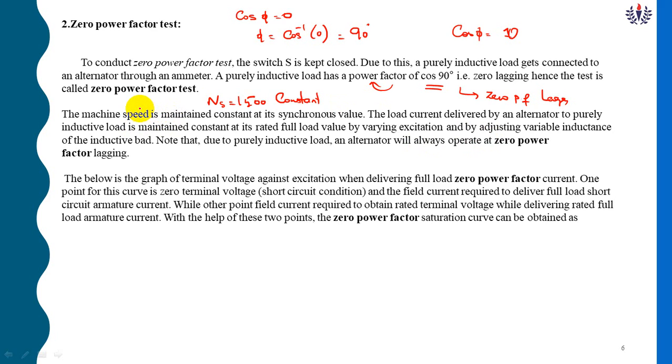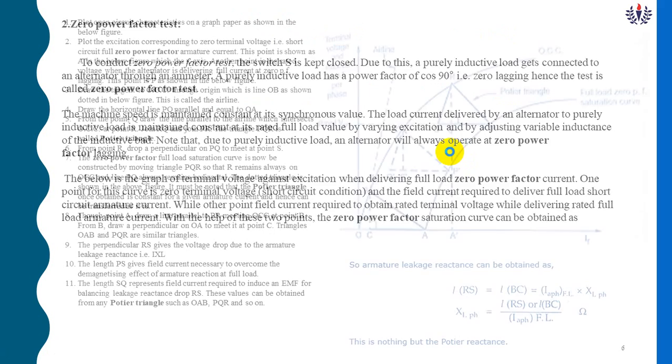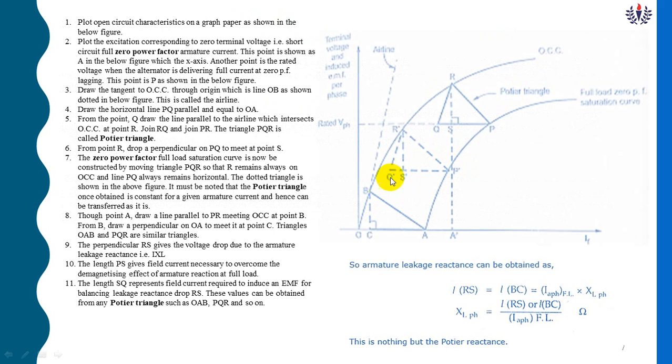By varying both load and field value, we can get a zero power factor. This is the zero power factor line, and here you get a triangle symbol. By varying the value you get the open circuit characteristics.